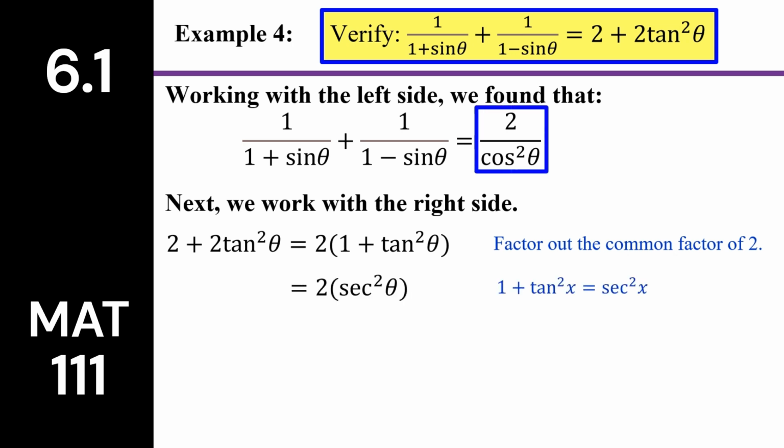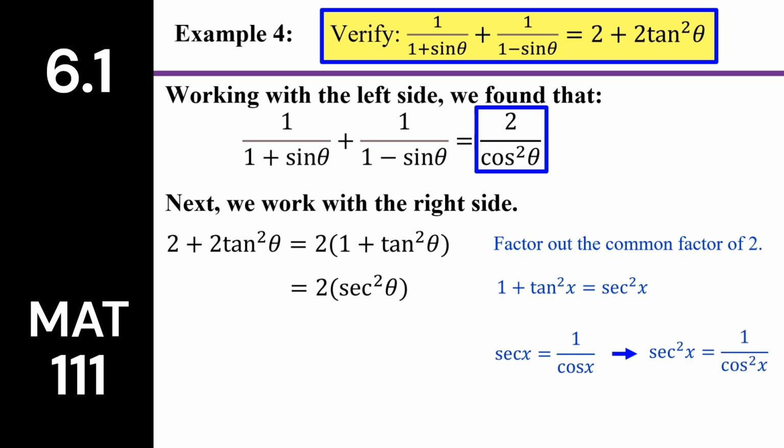At this point, we have 2 over the cosine squared on the left-hand side and 2 times the secant squared on the right-hand side. Commonly, when we have trig functions squared, we go to our Pythagorean identities. But since cosine and secant are related as reciprocals, we'll use the identity of secant of x equals 1 over cosine x, because these can be raised to any power.